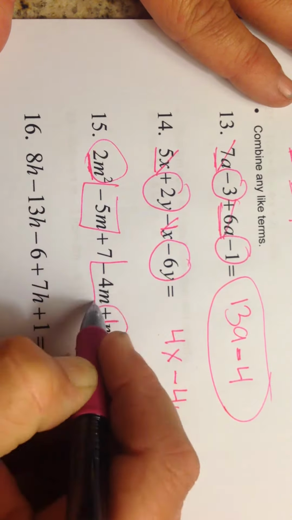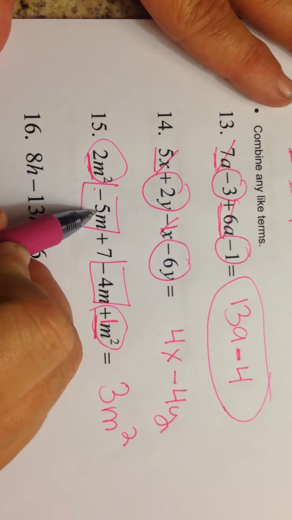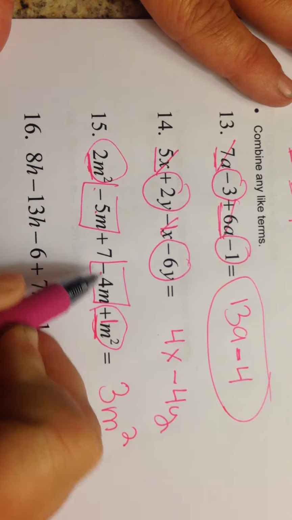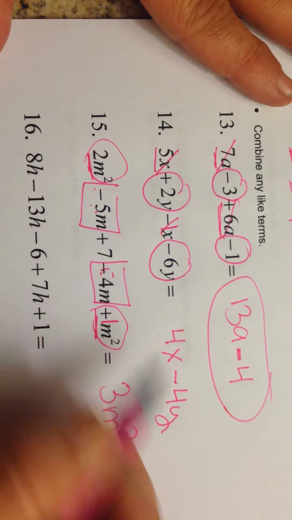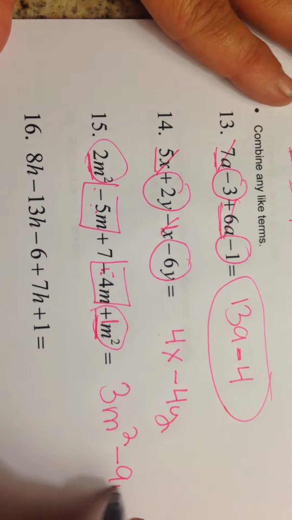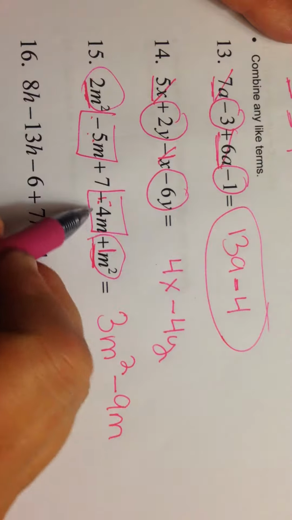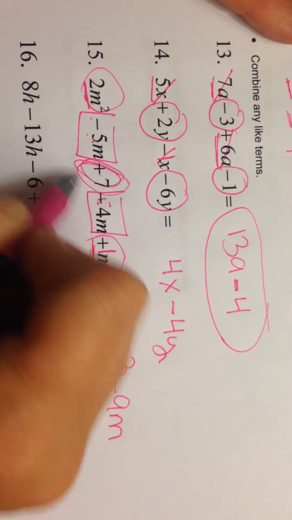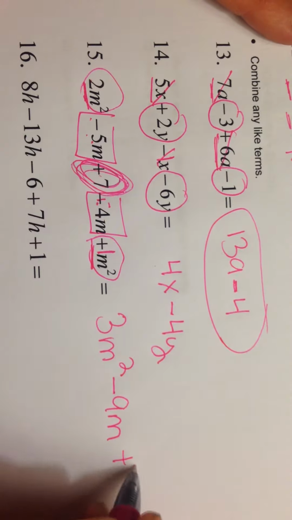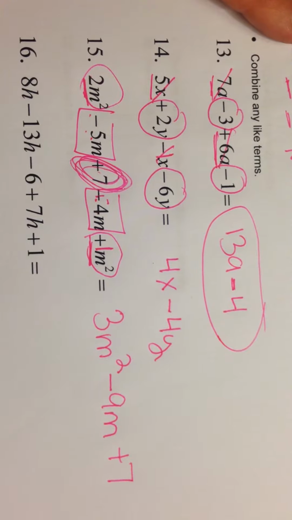Here's an m, and here's an m. Negative 5 minus 4, or negative 5 plus negative 4, is negative 9 m's. And then we have the 7 hanging out, so we just have to put it down.